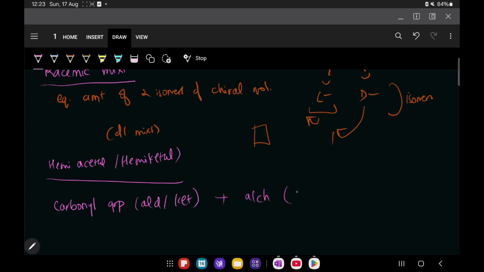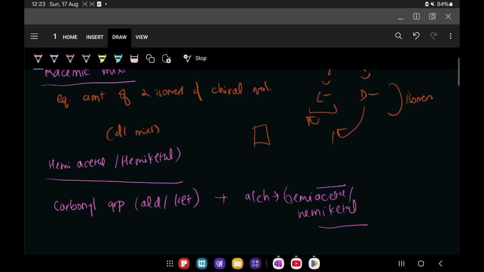It forms a hemiacetal when it reacts with an aldehyde, or a hemiketal when it reacts with a ketone, right? A carbonyl group reacting with an alcohol would form a hemiacetal or hemiketal.